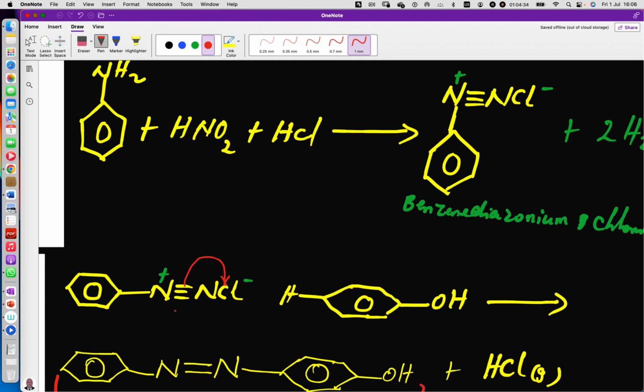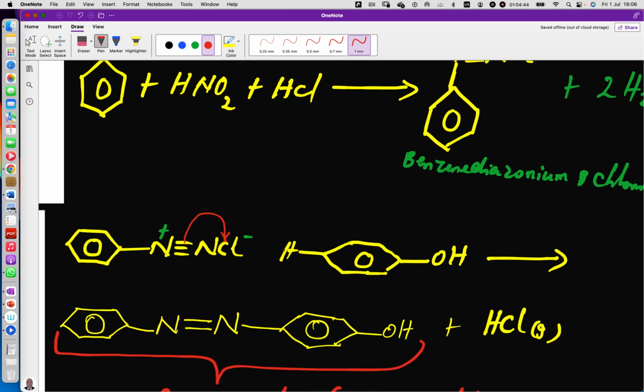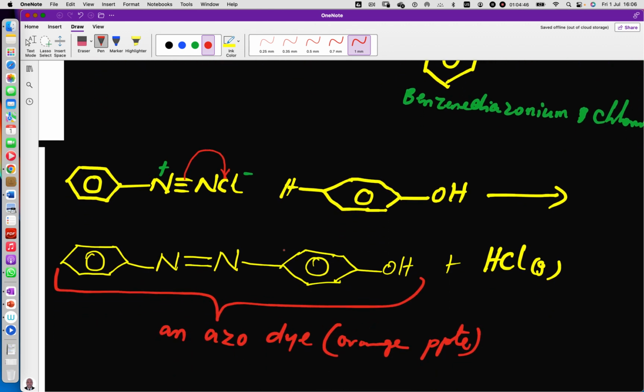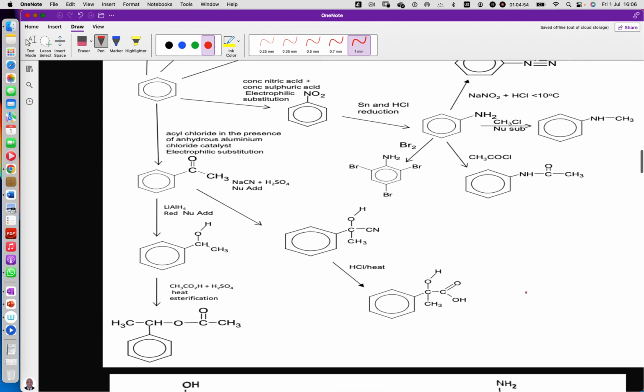This reaction here, we call it a coupling reaction, where the hydrogen chloride is being produced. We will have an azo dye that is being produced and hydrogen chloride gas. So let's go to another section.